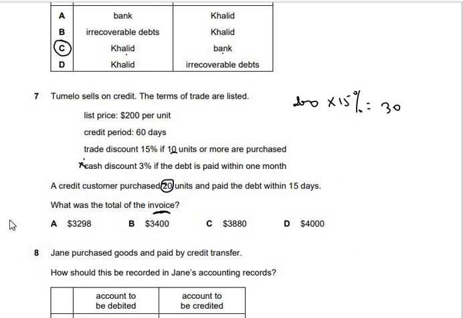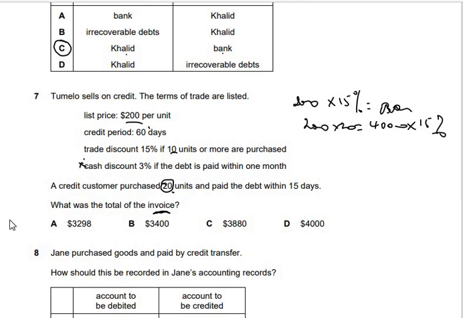Sorry, before we take out the 15%, we have to take the number of units purchased. So the list price is 200 and he purchased 20 units. So 200 times 20, which is 4,000. 4,000 times 15%, right?